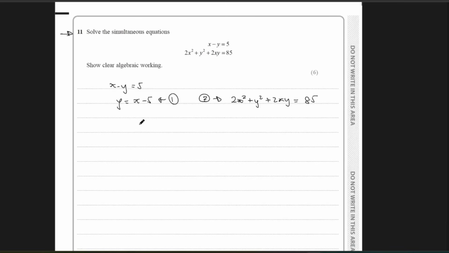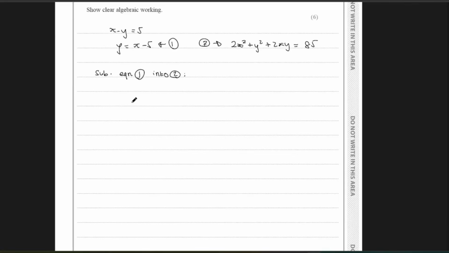So we will do substitution. We'll substitute equation 1 into equation 2. Let's write down equation 2, 2x squared plus x minus 5 the whole squared plus 2x times x minus 5 is equal to 85. Let's expand this.